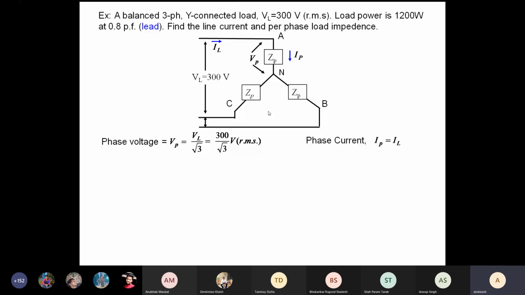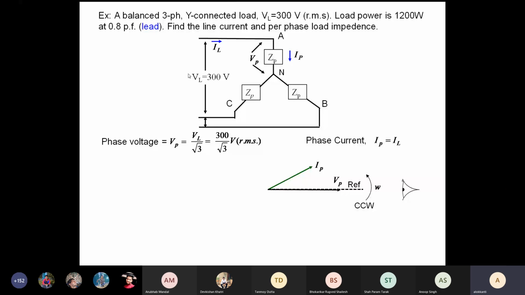Now, if you draw the phasors, your phase voltage is here, and your phase current is somewhere here, because it is told that it is a leading load.